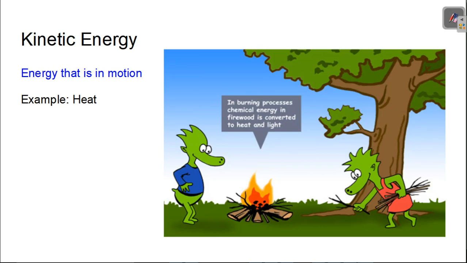Work translates into being a force that creates a displacement. So there has to be motion. If you don't have displacement, if you don't have motion, you do not have work. So kinetic energy is energy that is in motion. And the example we have seen so far is heat. Heat is kinetic energy. Great.